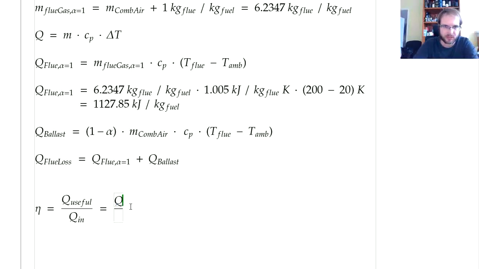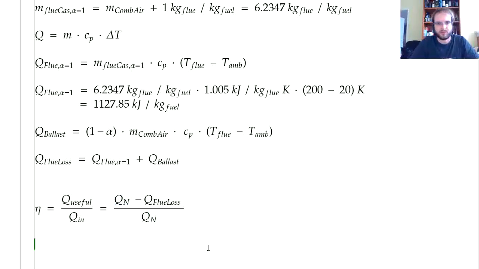And from the balance, it needs to be the heat input in the fuel, also denoted as Qn or LHV, lower heating value, minus the loss, so this is the useful part, divided by the input, which is the Qn.